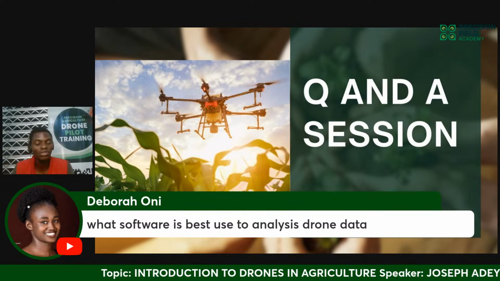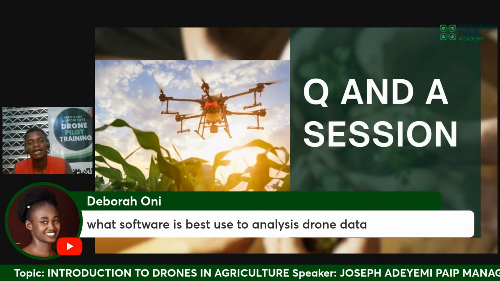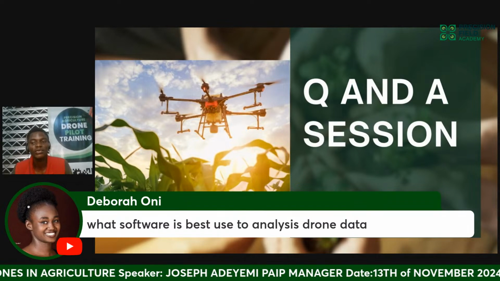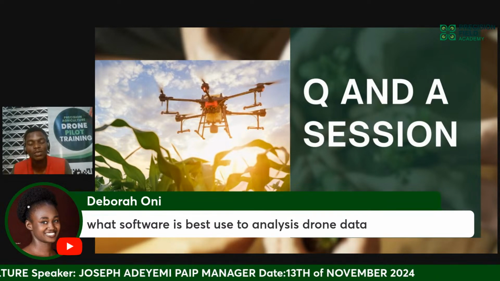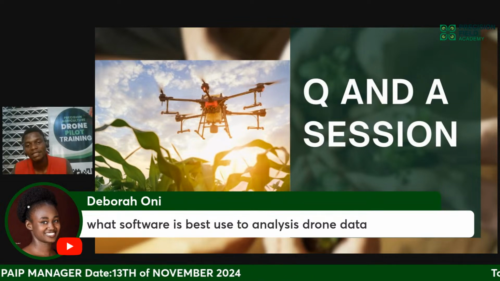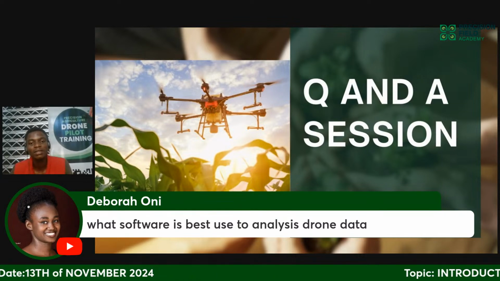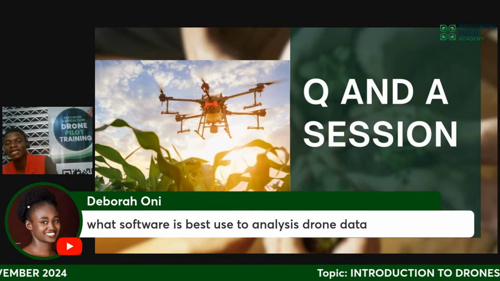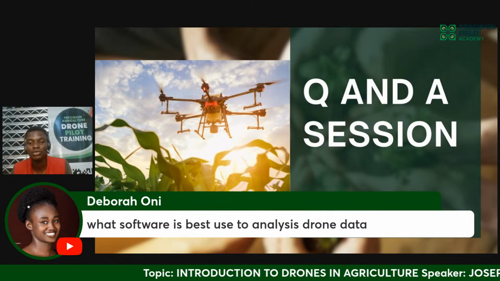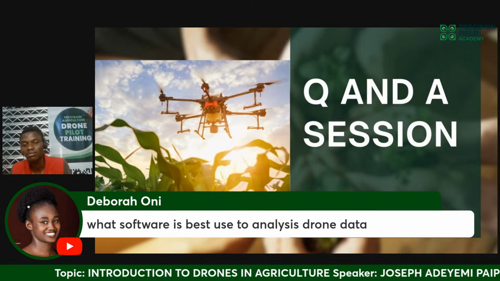So most of them do 2D orthomosaic data, and there are also software that could help you process multispectral data in terms of NDVI for your plant health, crop stress monitoring, and all of this information. So there are various software you can actually use. We have so many.